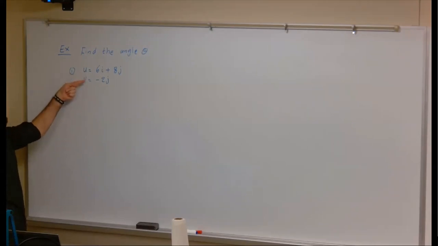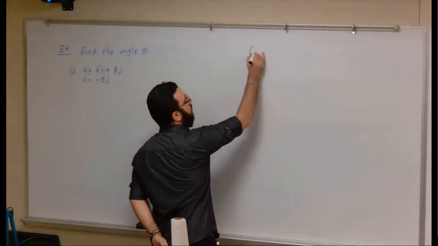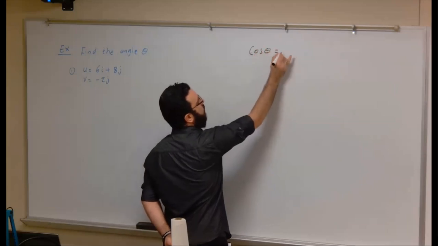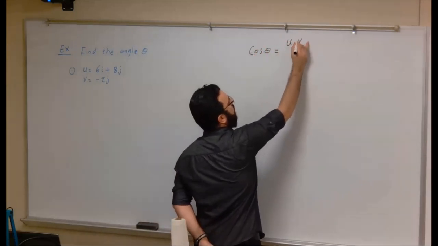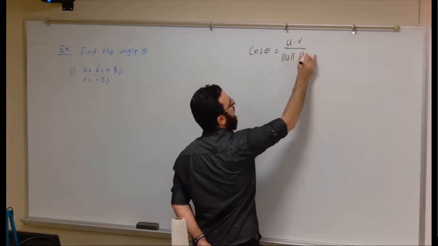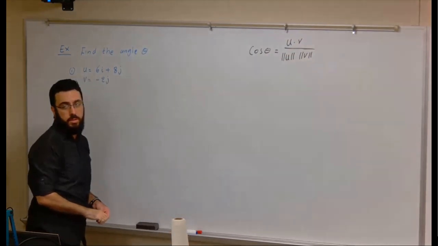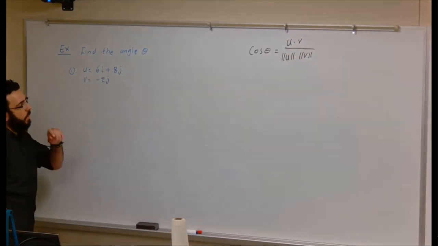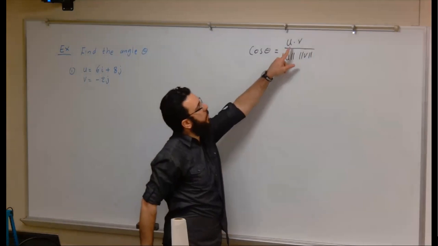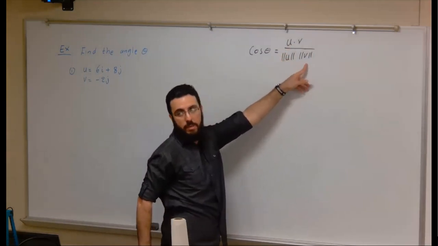The vector U and the vector V. So what's the first step? My formula says what? Cosine theta equal U dot product with V over the length of U and the length of V. Yes or no? That's the formula. Now I need a dot product, I need length U and I need length V.